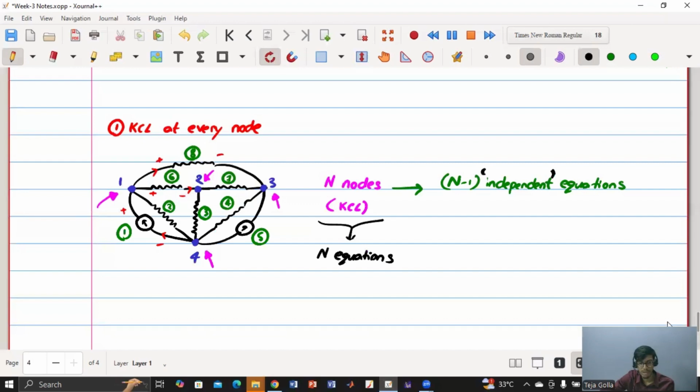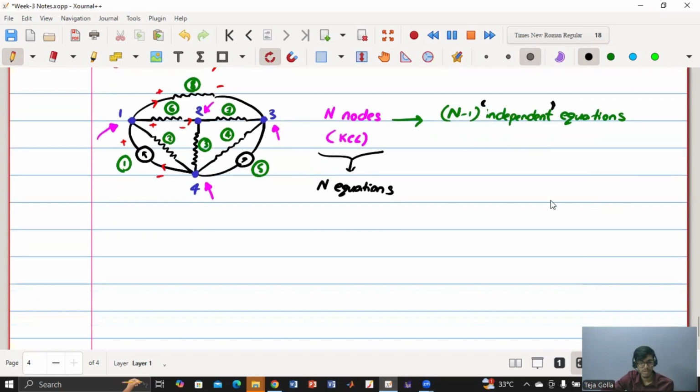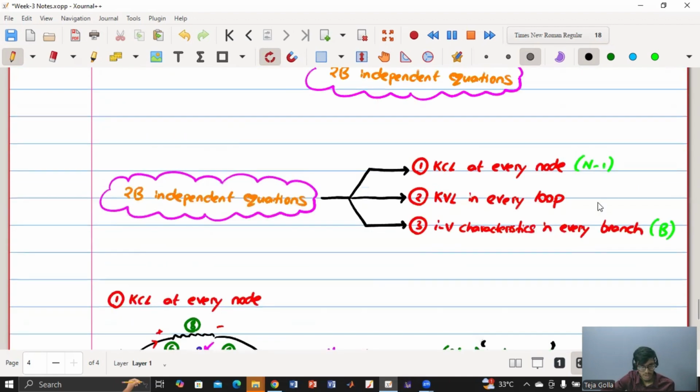As we are running out of time, I'm not going into that much detail. But please look at sir's video, or you can consider one small example and you can see that if you have three equations, then you can get this equation from the others, which means this equation is redundant. So one equation will be redundant, so we'll have n minus 1 independent equations. Okay, so from here I got n minus 1 equations.